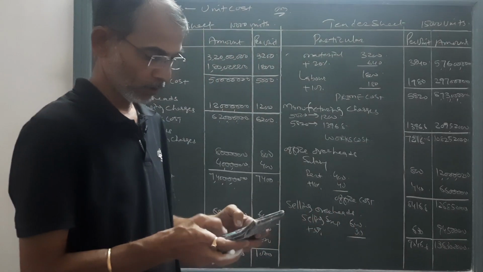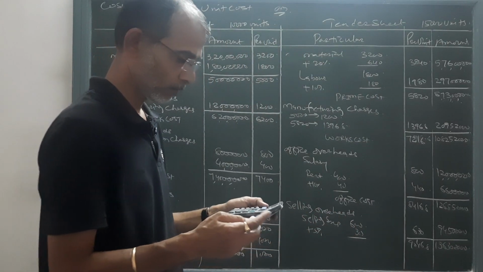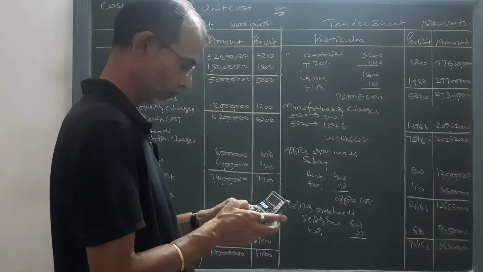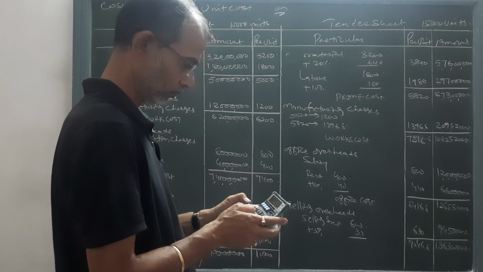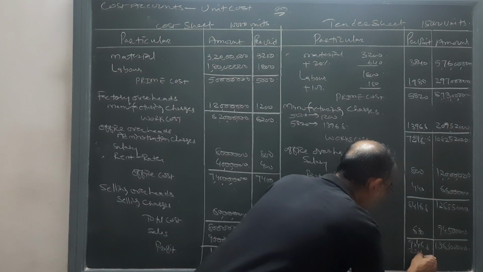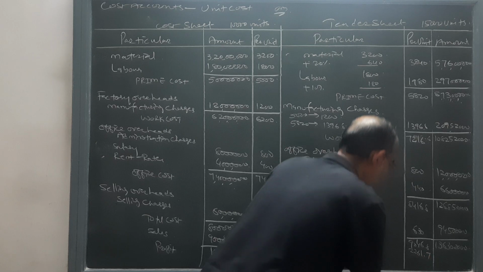Now 25% profit is to be kept. So 2261.7 will be the profit per unit.